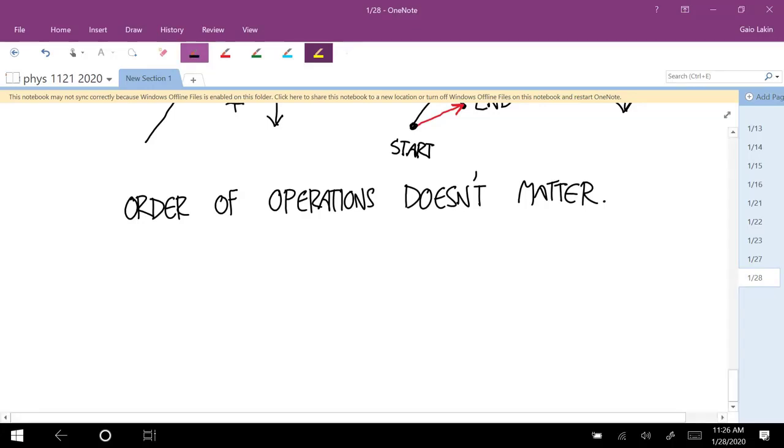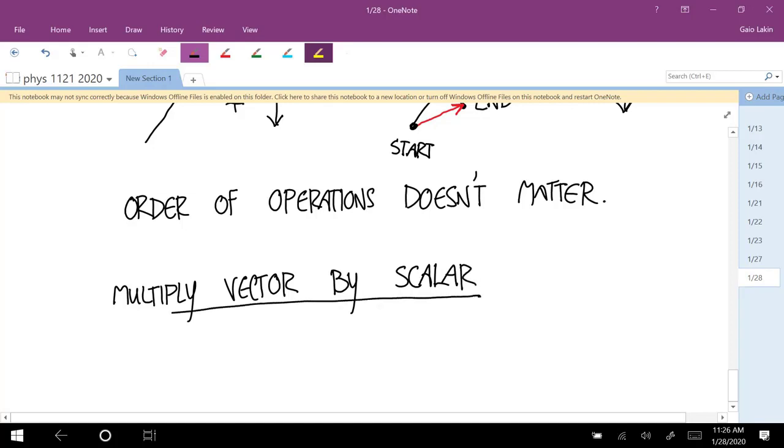Okay, so now what about multiplying a vector by a scalar? Well, multiplying a vector by any number, you can do it in two steps.